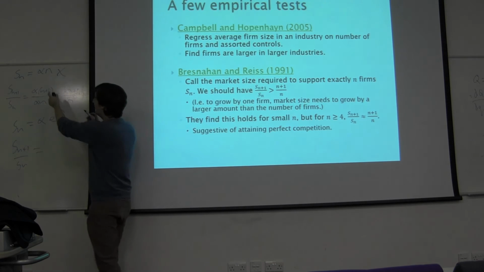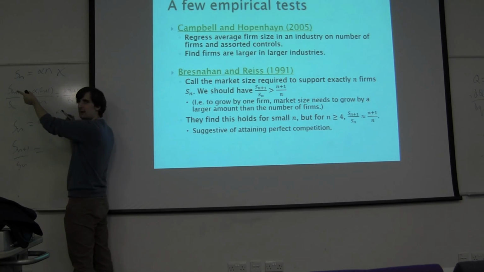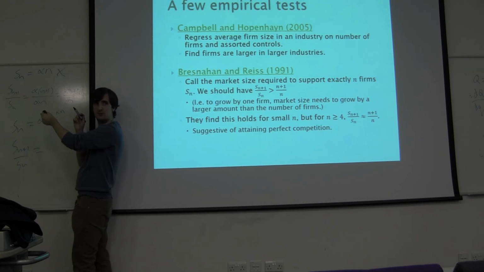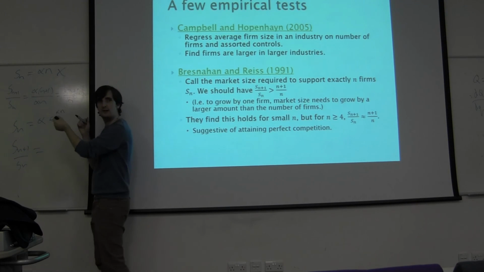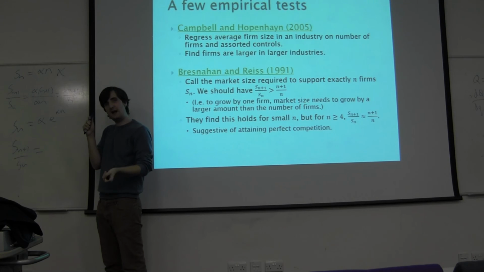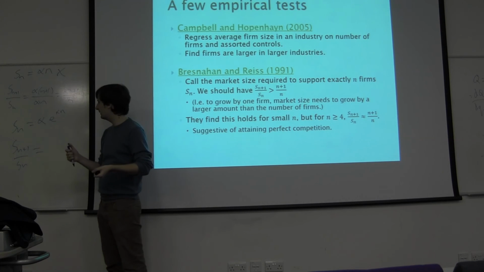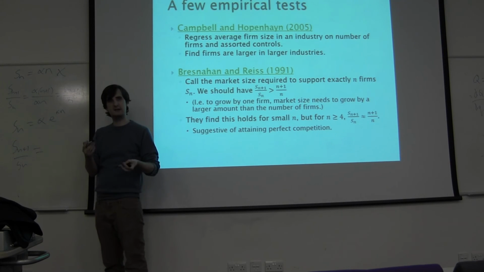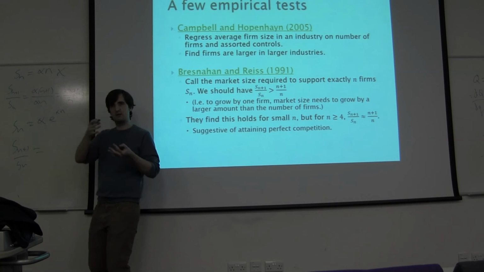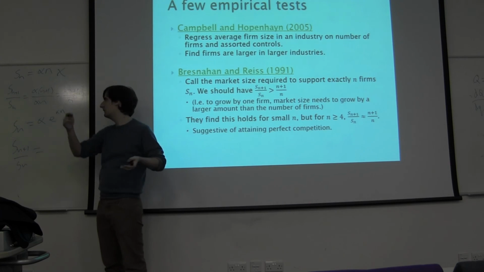So under Cournot competition, we found it wasn't the case that the size of a market needed to support n firms was just proportional to the number of firms. What we found was that you needed a proportionally larger market to support more firms. So the size of the market you need to support n firms was kind of growing exponentially in the number of firms.